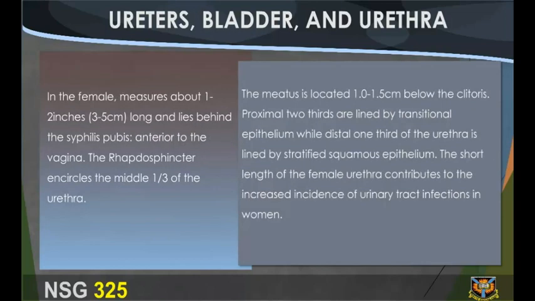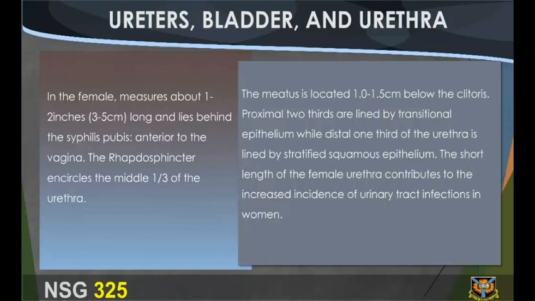In the female, the urethra measures about 1 to 2 inches long and lies behind the symphysis pubis, anterior to the vagina. The rhabdosphincter encircles the middle third of the urethra. The meatus is located 1.0 to 1.5 cm below the clitoris.